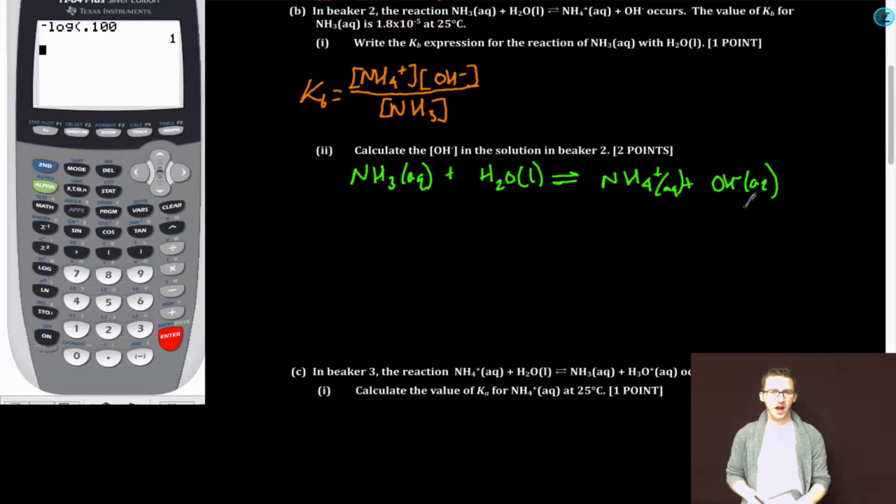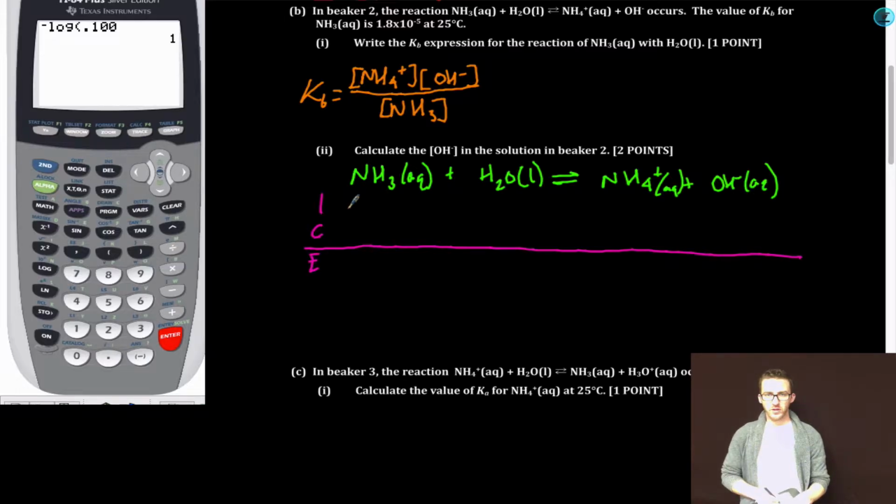We've got to set up an ice table. Recall that we're told the initial concentration of the ammonia is 0.100 molar. I'm going to drop my water, 0 for ammonium ion, 0 for hydroxide ion. My change, minus x, plus x, plus x. At equilibrium, 0.100 minus x, x, x.